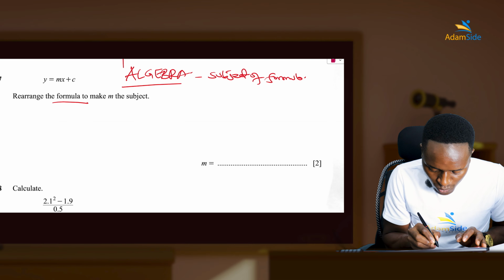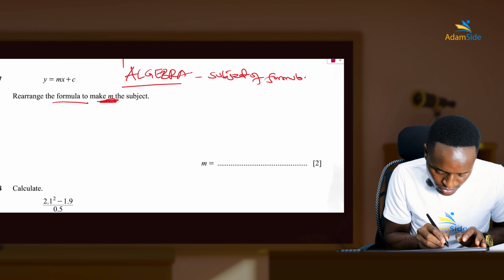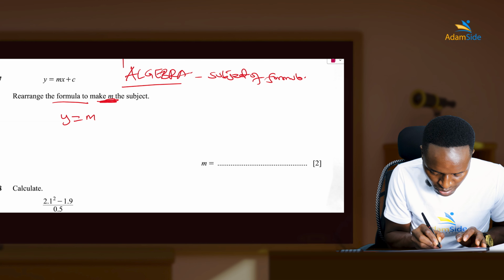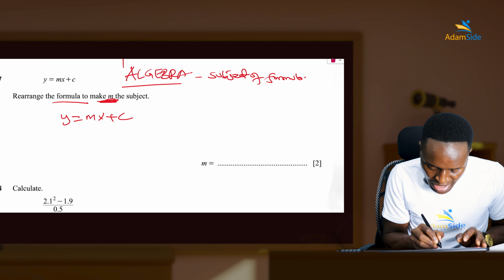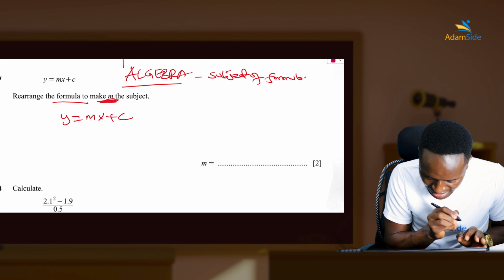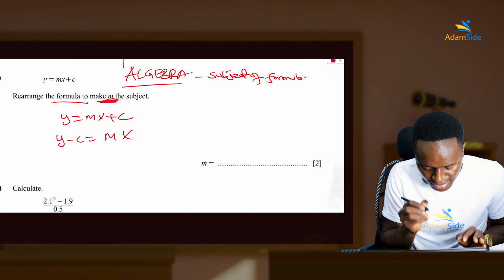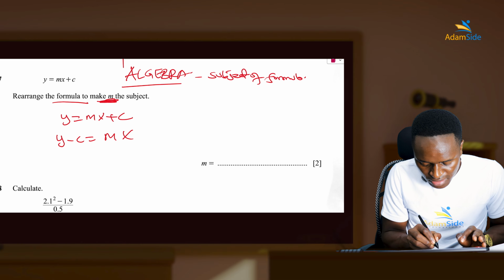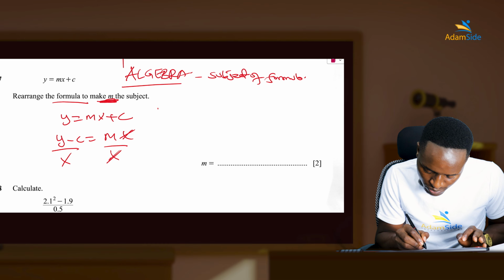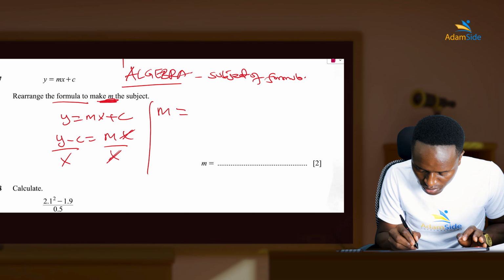You won't miss this. So make M the subject. y is equal to mx plus c. Make M the subject. So it means minus c, minus c. So y minus c is equal to mx. We need to make M the subject. Divide by x, divide by x. So M is equal to y minus c over x.